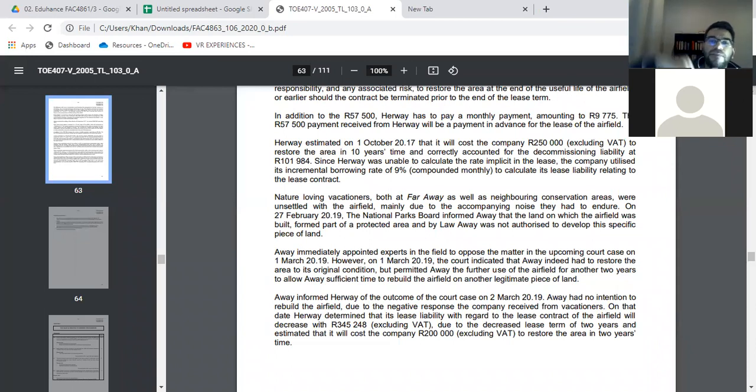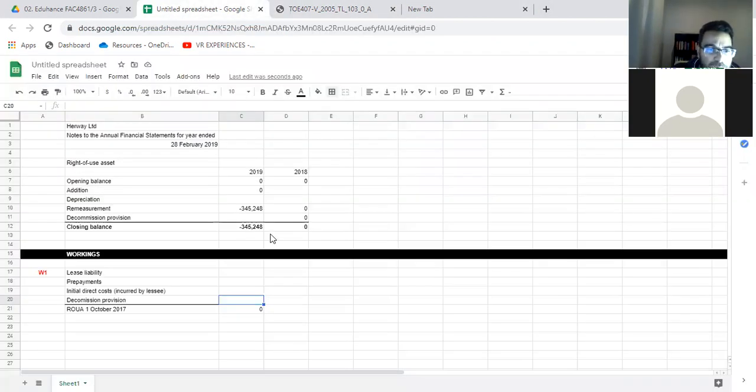The 101,984 is the present value today. You should be able to get the 101 by discounting that 250 over a 10-year period. You can recalculate it if you want to. I'm not going to recalculate it, but it's given. So it is 101,984. The journal entry for that would be debit right of use asset 101,984, credit decommissioning liability.